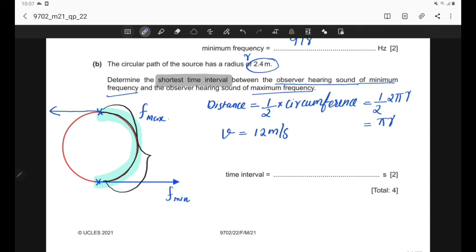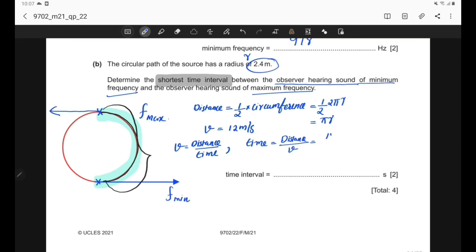Now we have distance and velocity, so we can calculate the time using the equation speed is equal to distance over time. From this we can calculate time by rearranging the equation. Time is equal to distance over speed. So the distance is pi r over v.